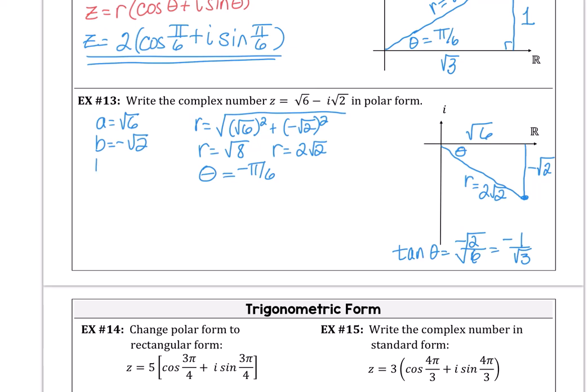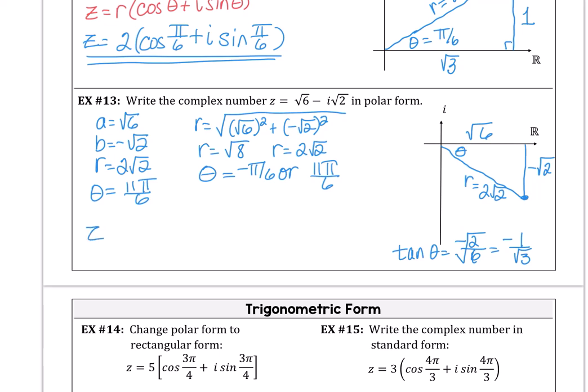And we know the radius, 2 radical 2. Theta, if we go in a positive direction, that would be 11 pi over 6. I like to write these with positive angle measurements, not the negative angle measurement.